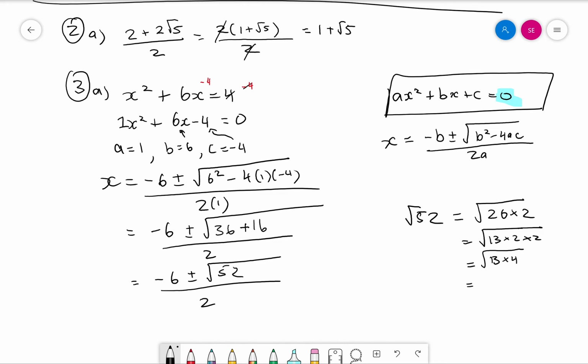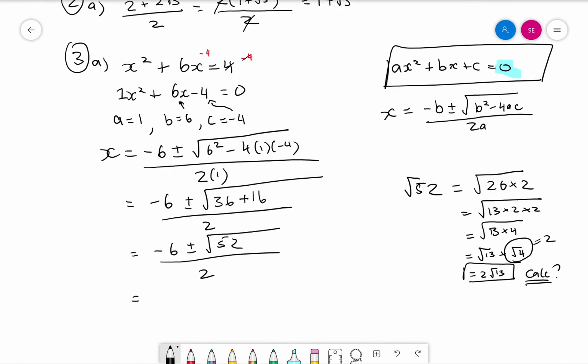Now what you can do is split it up like this. If that confuses you, have a look back at your laws. And the square root of 4 is just 2. So you get 2 square root of 13. Now, you might be able to do this in your calculator. Have a look.